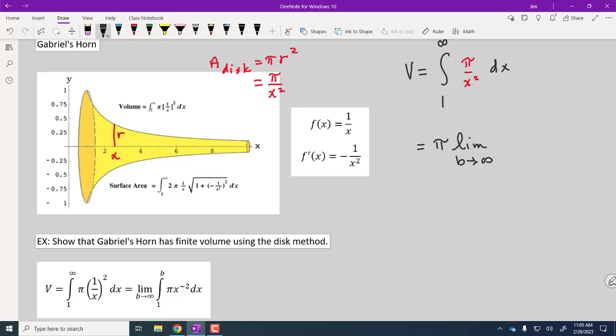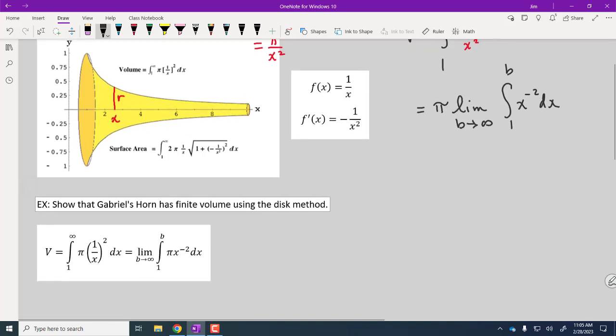Integrating x to the negative 2 is negative 1 over x. We've done that one quite a few times. So the integral of x to the negative 2 dx from 1 to b. We do our integration, and then we'll take the limit.